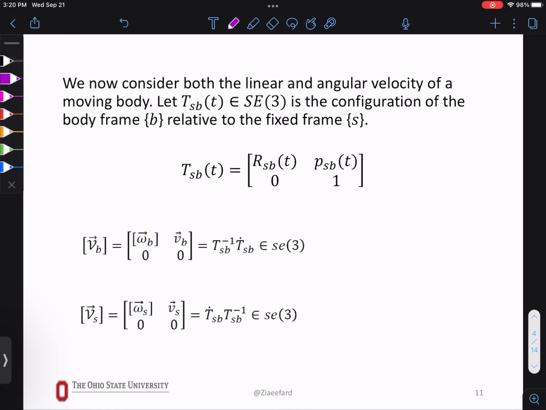All right. If you are following your book, it uses body twist and spatial twist a lot. So become familiar with those terms, but in a simple way, it means what's your angular velocity direction, what's your linear velocity direction, and then put them together and represent the system. This bracket is the matrix representation.